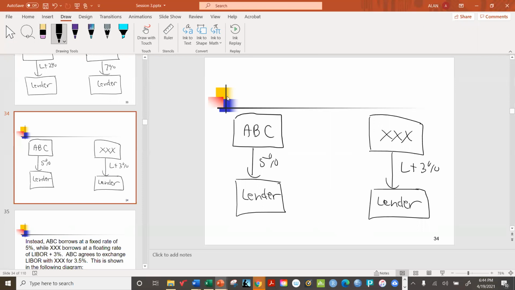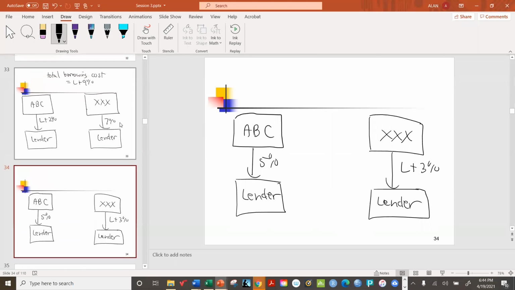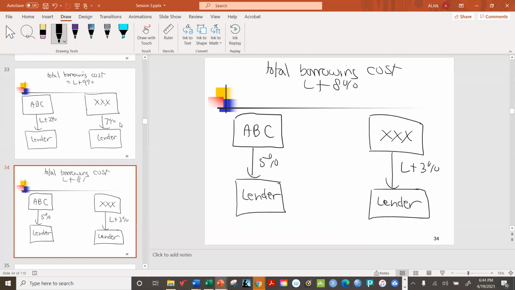Now, if you add those up, what do you notice? The total borrowing cost this time is only LIBOR plus 8. So the total amount that the two of them are spending on interest is LIBOR plus 8, 1% less than before. How do they each benefit from this?